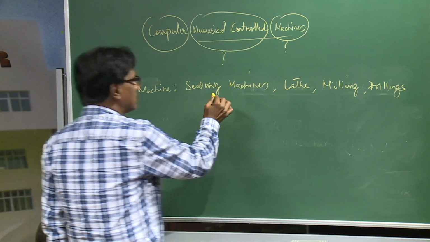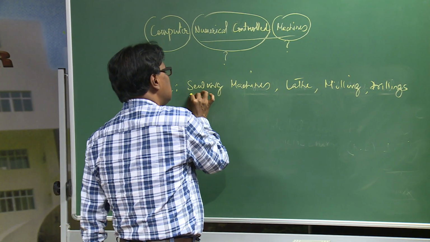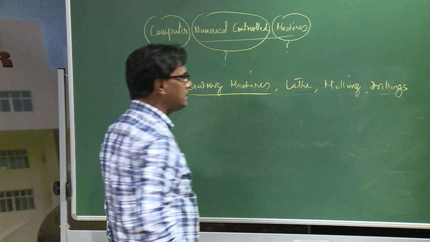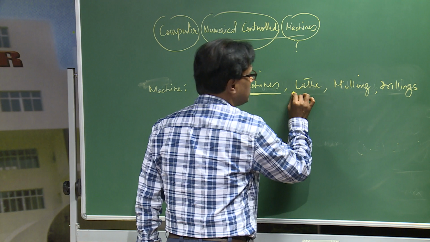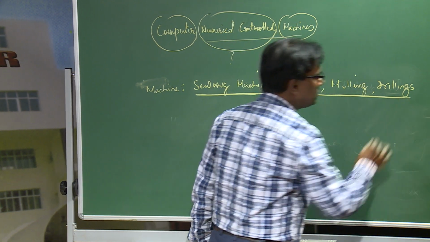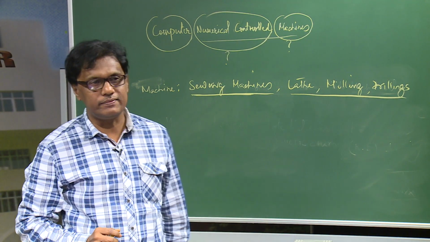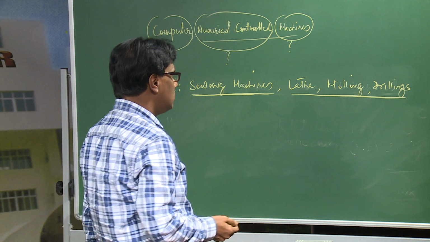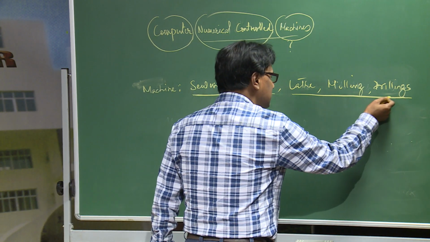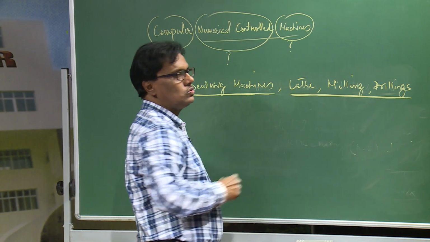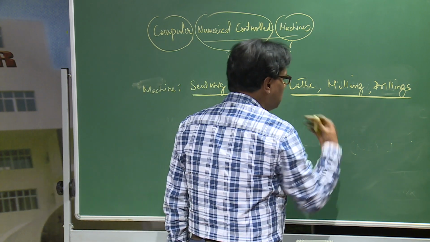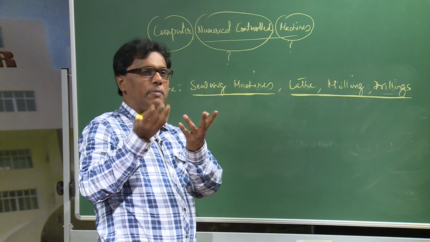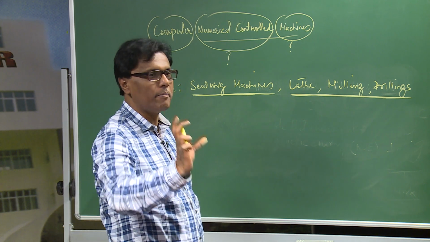All these are machines, but the function of these machines and the function of this category of machines is completely different. In which way is it different? These machines are used to reduce materials from a blank.